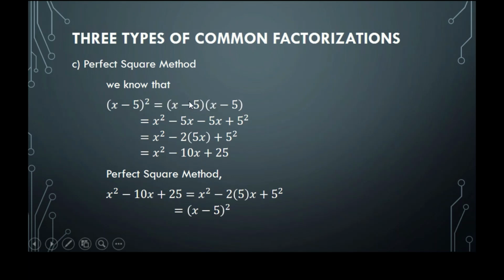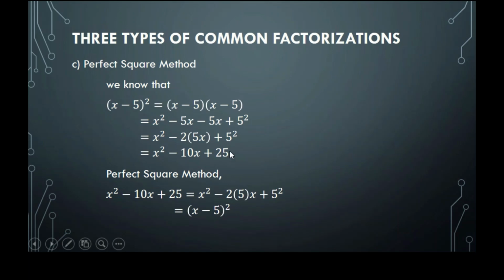You can see how many negative 5x we have here? 2, right? So we have negative 2 times 5x, so it's negative. From here, we have x squared minus 10x plus 25.